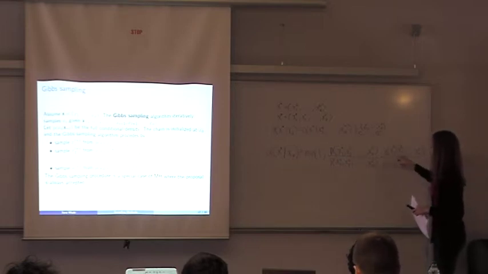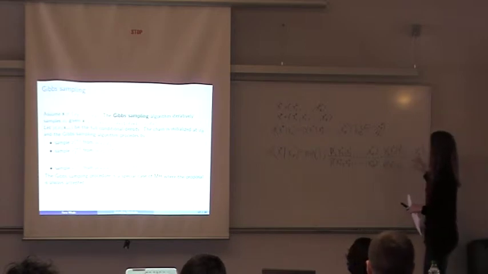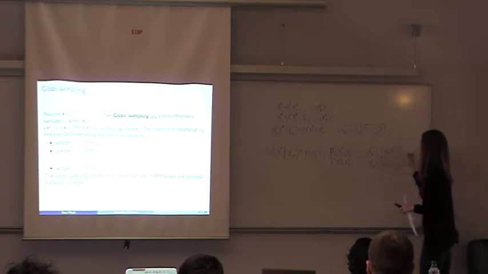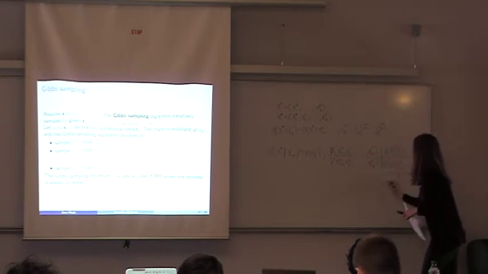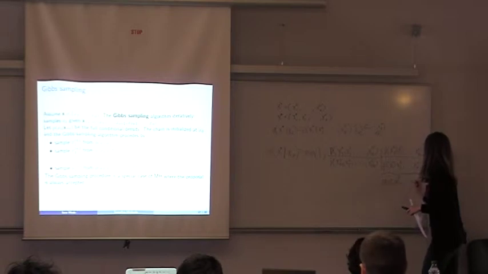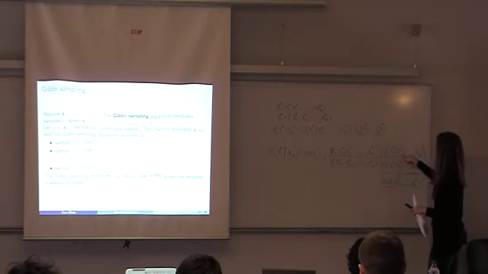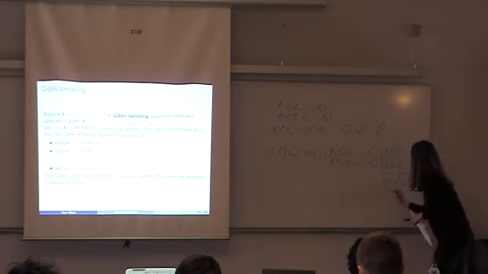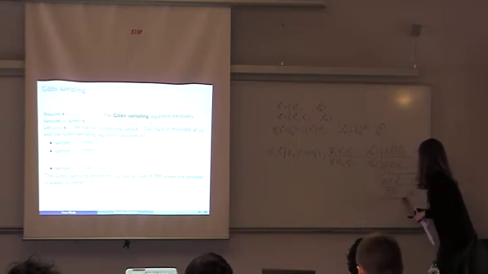So let's just show that. We can rewrite this first term here. See that this term is just the joint over the marginal, just from the definition of conditional probability.